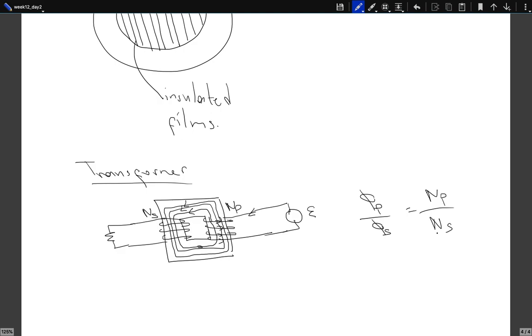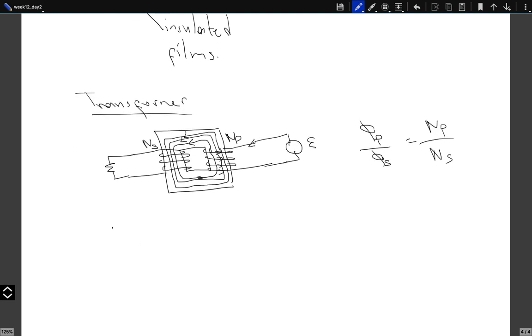Now, if you send some EMF source, the potential across the primary would be just minus d phi primary divided by dt, which is nothing but Faraday's law. In the secondary, it's basically the same.